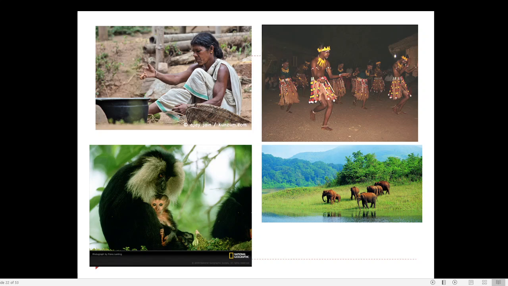Then if you go to several islands in the Pacific Ocean, there are a lot of dark-skinned people whose genes are more similar to, for example, if you go to Parambikulam, there is one type of tribe known as Kadar. These people have an African people-like appearance.